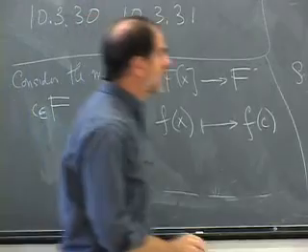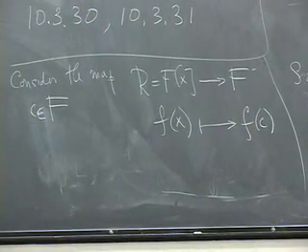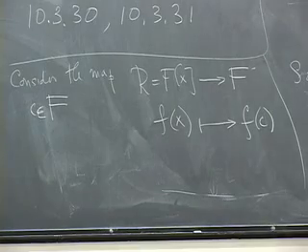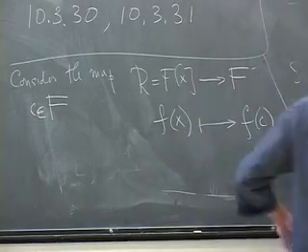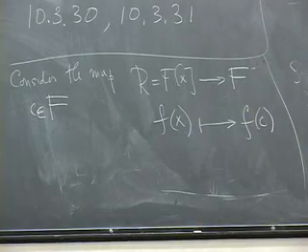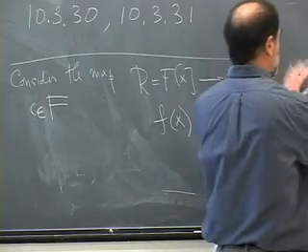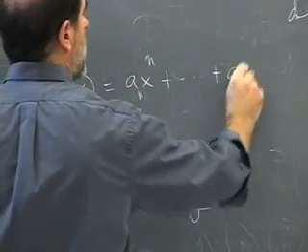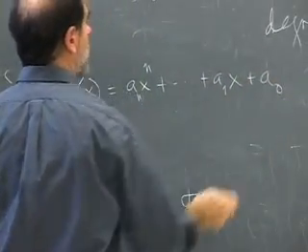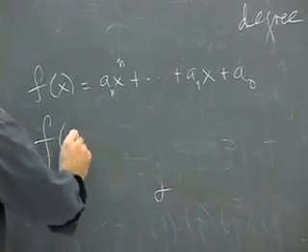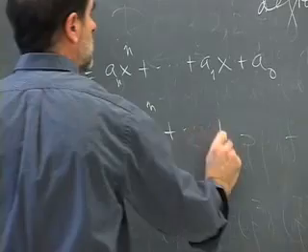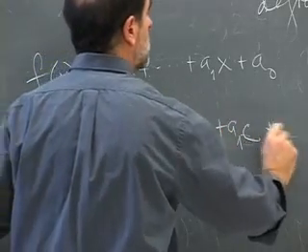And namely, you just take your polynomial. I've erased my poor polynomial. I take my polynomial f of x, which is a_n x to the n plus ... plus a1 x plus a0. I think of it as a function on F by f of c is a_n times c to the n plus ... plus a1 times c plus a0.